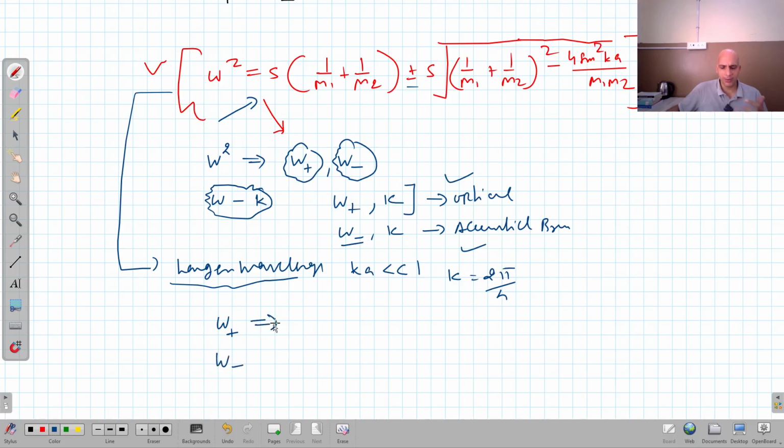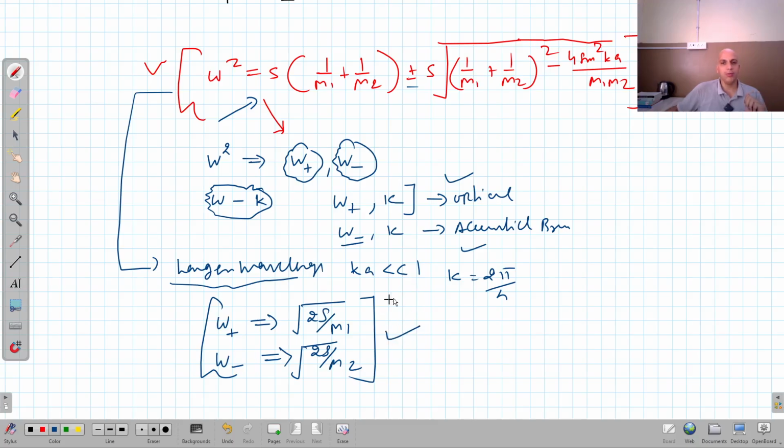When we simplify it, we get 2S upon m1, and here we will get 2S upon m2. So these are the two values. Now you can see if both the atoms are the same, their mass will be the same. We will get ω positive equal to ω negative, and that is equal to 2S upon m, right?